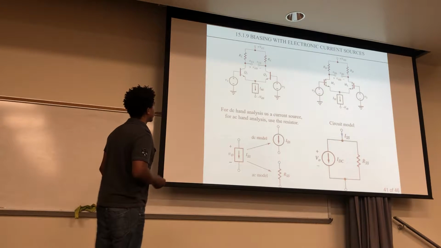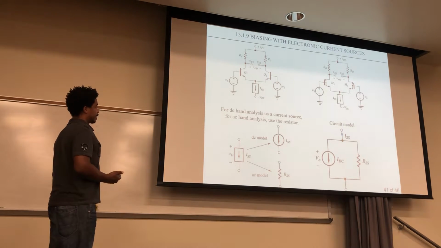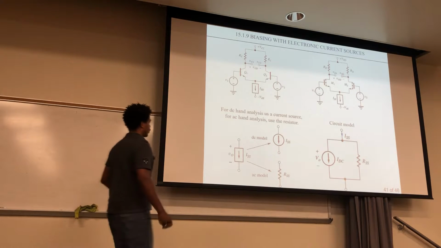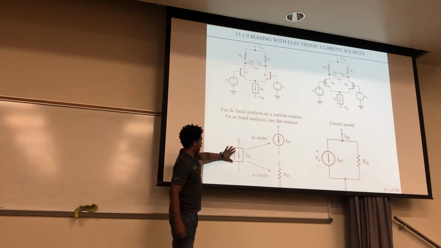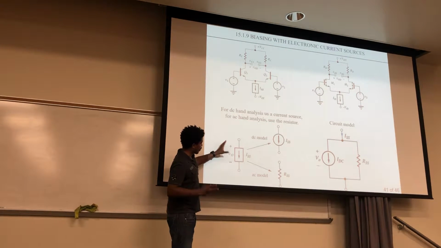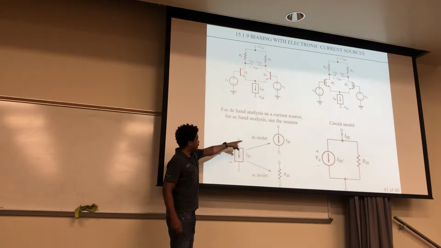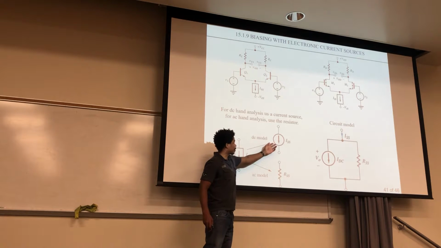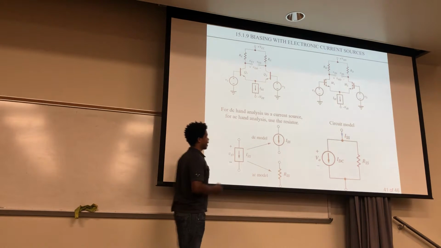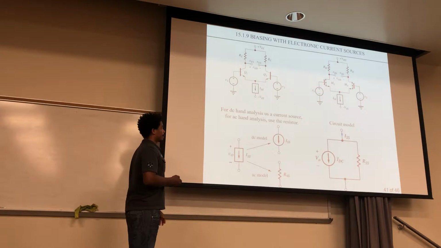Now if you're doing hand analysis, here's what you want to do. This element right here, which is a new type of element, you want to model. If you're doing DC analysis, you model it as just a current source, which has some current ISS or IEE.